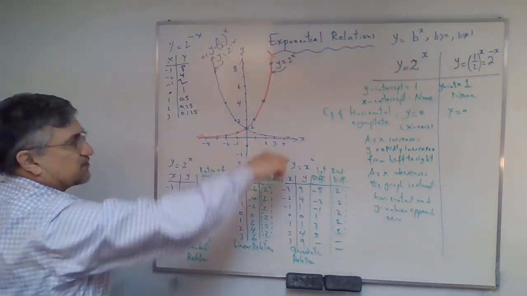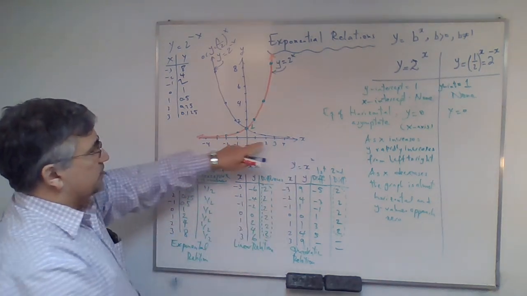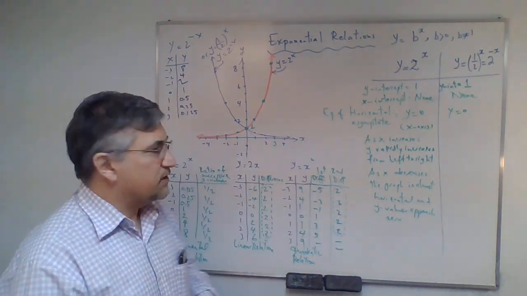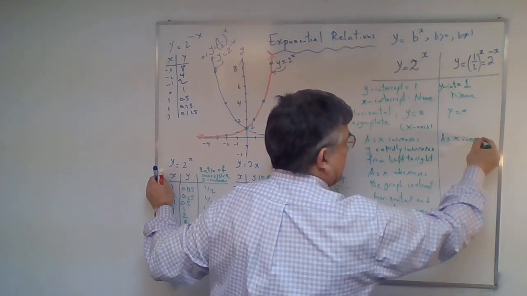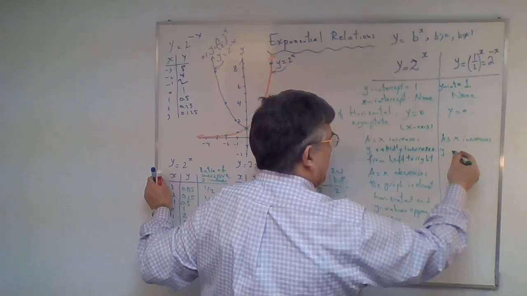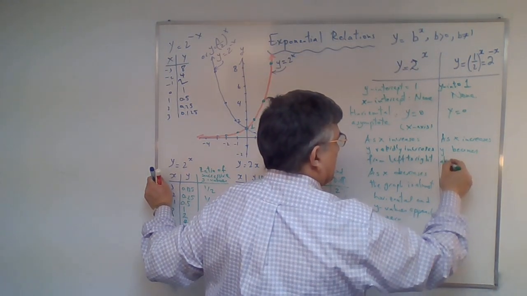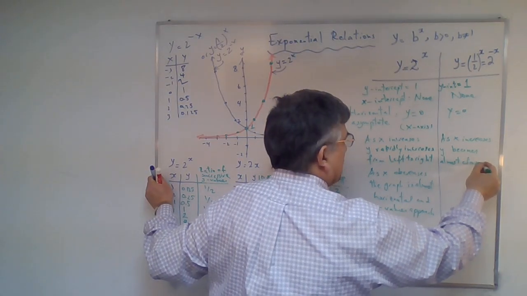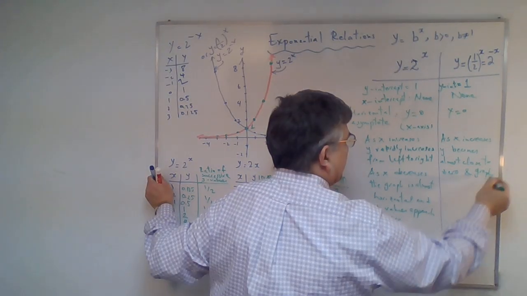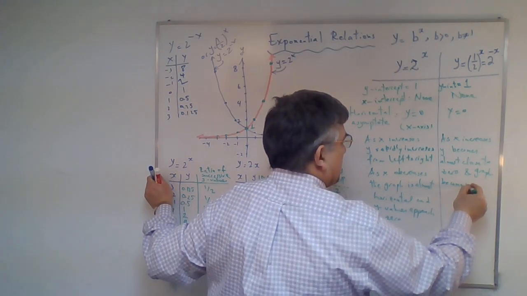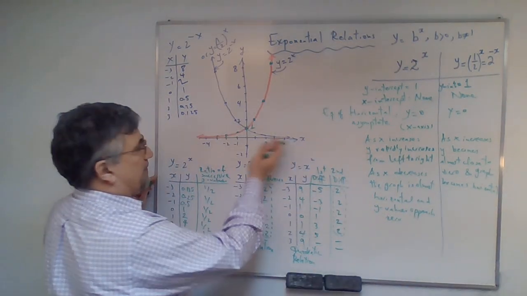So you see that the behavior of the graph did change. As x increases, this time I can't say y rapidly increases because it's just the other way. So I would say as x increases this time, y becomes almost close to 0, and the graph becomes horizontal. I'm just trying to describe what is happening on the right hand side.